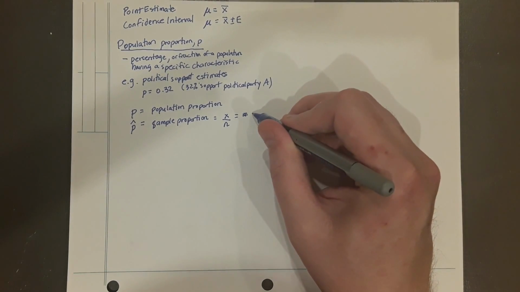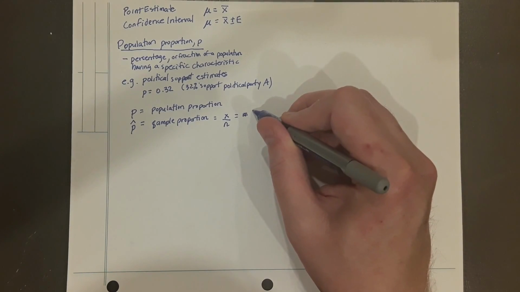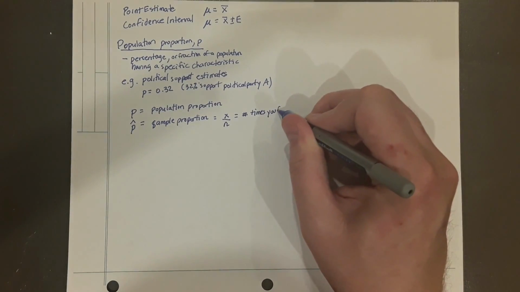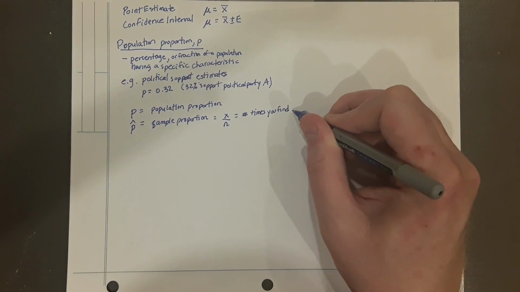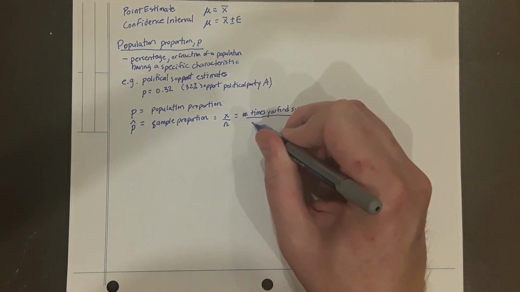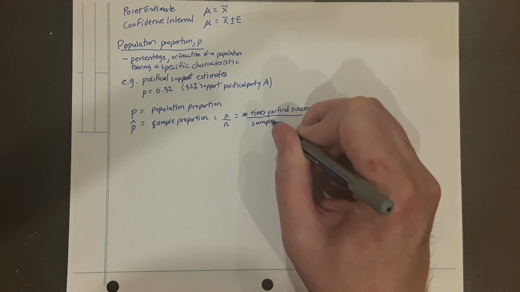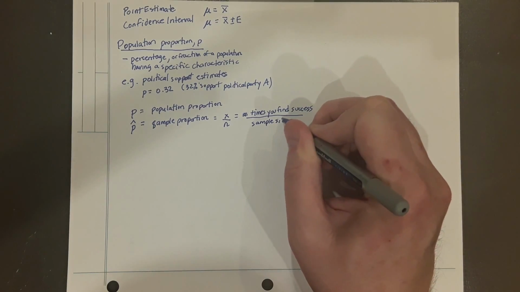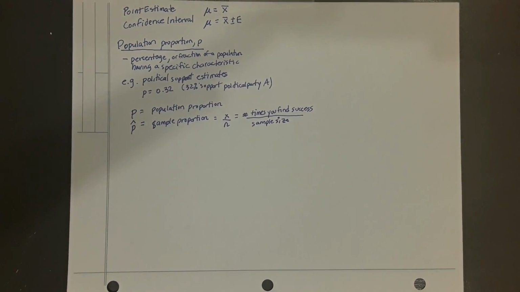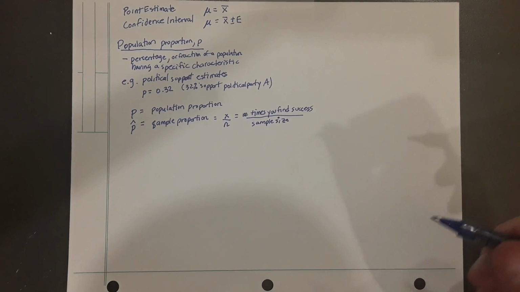So that's the number of times that you find your success, divided by the sample size. It is literally a measurement of experimental probability. It is the likelihood of finding what you're looking for in your sample.